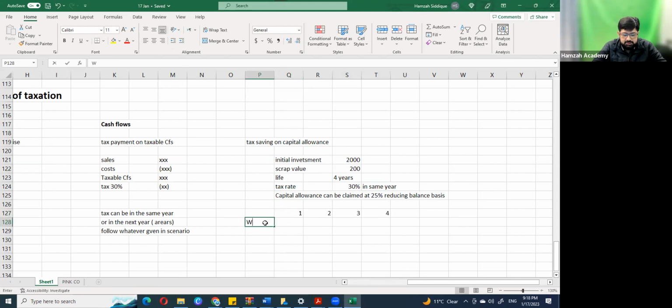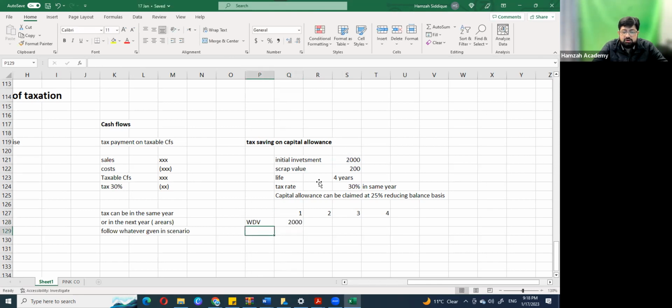Now you see here, what we need to calculate. We need this. So written down value. First of all, we need to calculate capital allowance by this method every year, which we have studied in F3, financial accounting paper. But okay, don't worry if you have forgotten.